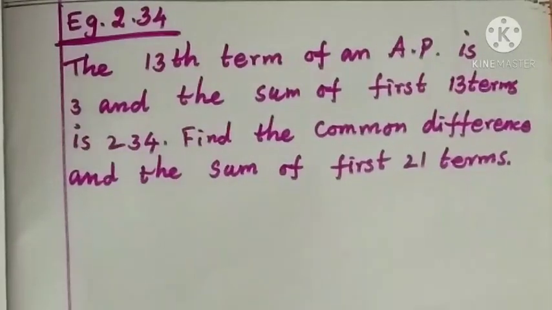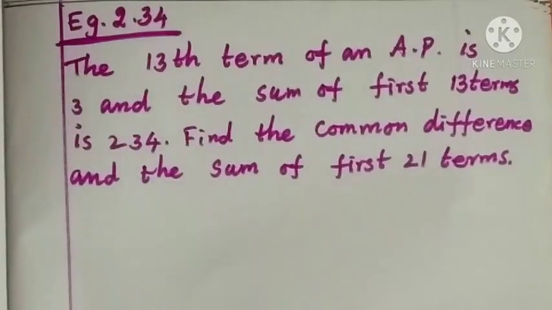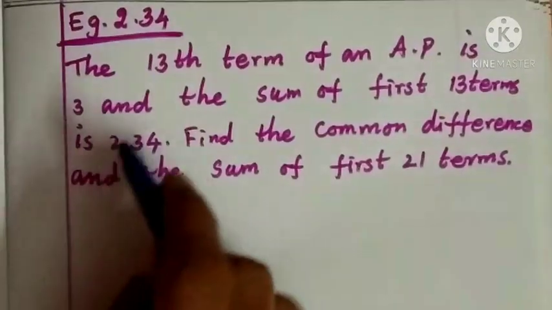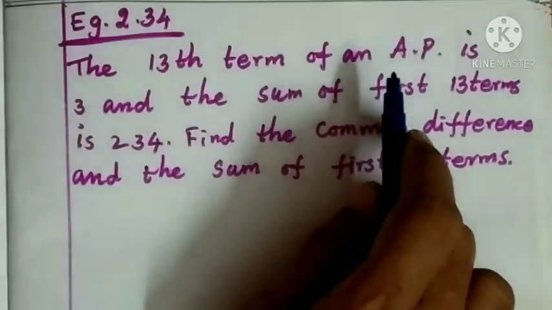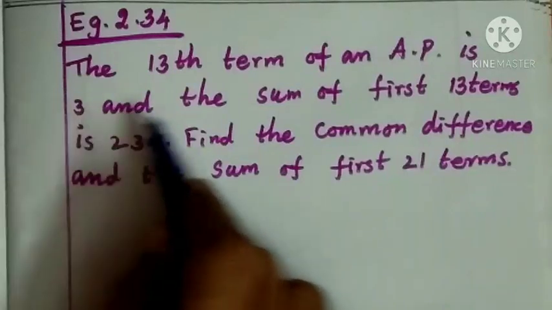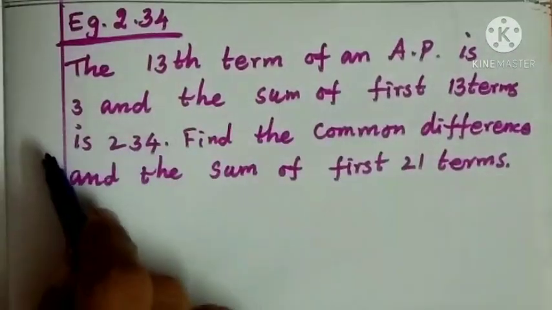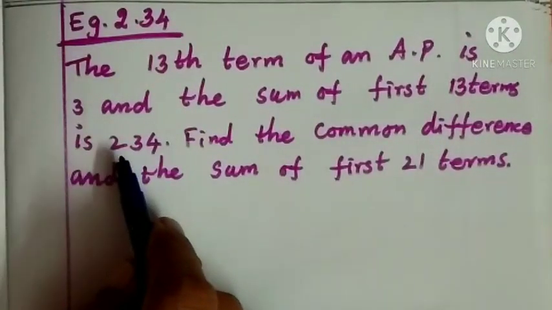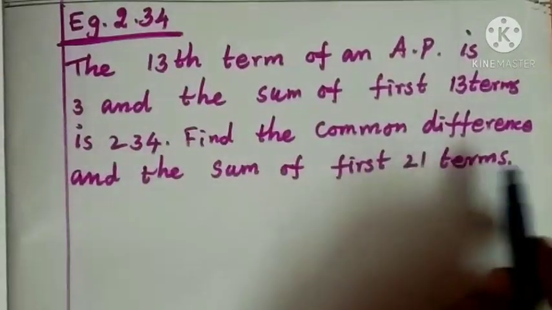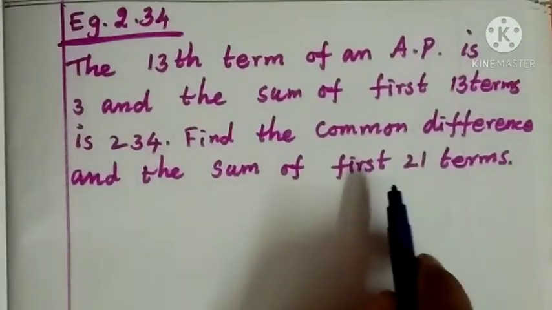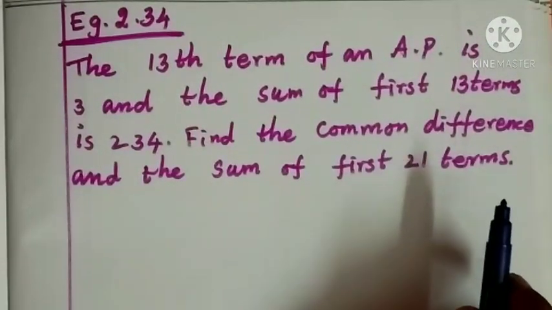Let us see the example 2.34. See the question. The 13th term of an AP is 3 and the sum of first 13 terms is 234. Find the common difference and the sum of first 21 terms.